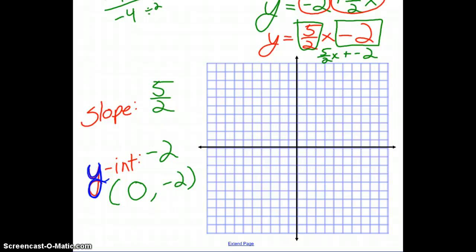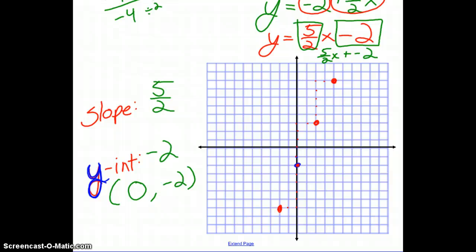So my point, (0, negative 2), I start in the middle, over 0, down 1, down 2, and my slope, 5 halves, tells me I go from here up 1, 2, 3, 4, 5 over 1, 2. Now from where I started, going in the opposite direction, down 1, 2, 3, 4, 5, back 2.